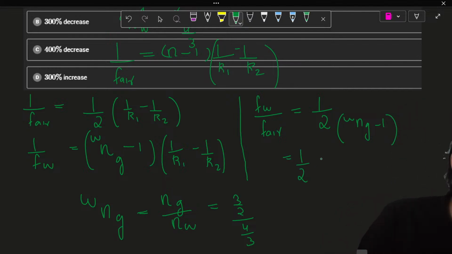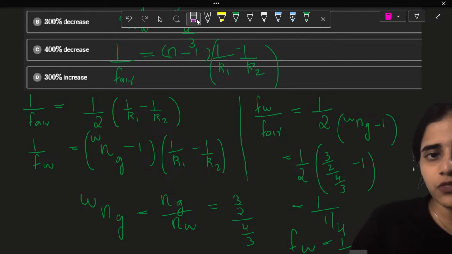So 1 by 2 times 3 by 2 by 4 by 3 minus 1, which is how much? Okay, sorry. Yeah. Which is basically 1 by 4, 1 divided by 1 by 4. So F of W would be equal to 1 by 4.